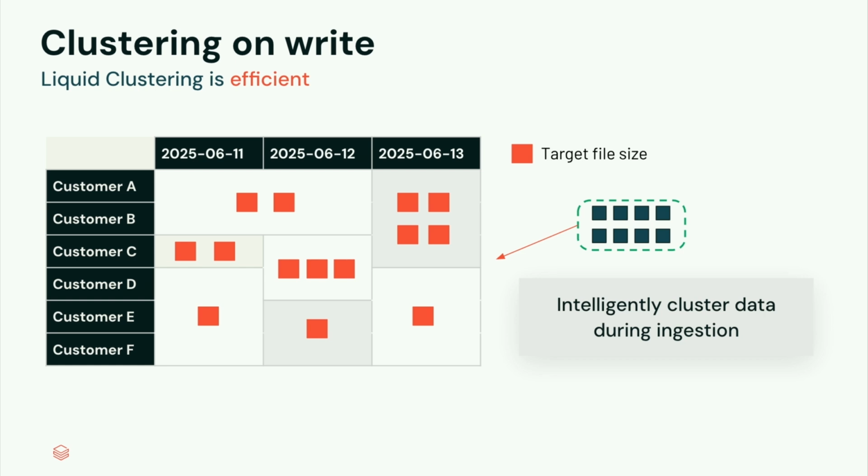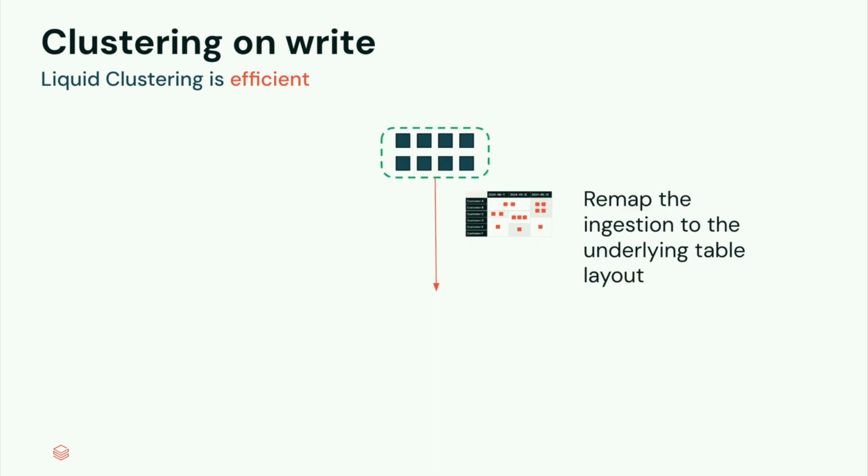Again, many of you might have seen this pattern before because backfills are pretty common. Late arriving data is pretty common. So what happens here is we're able to remap the ingested data while it's ingesting into the layout of the underlying table. So we're able to know what the layout looks like and what the ingested data needs to look like.